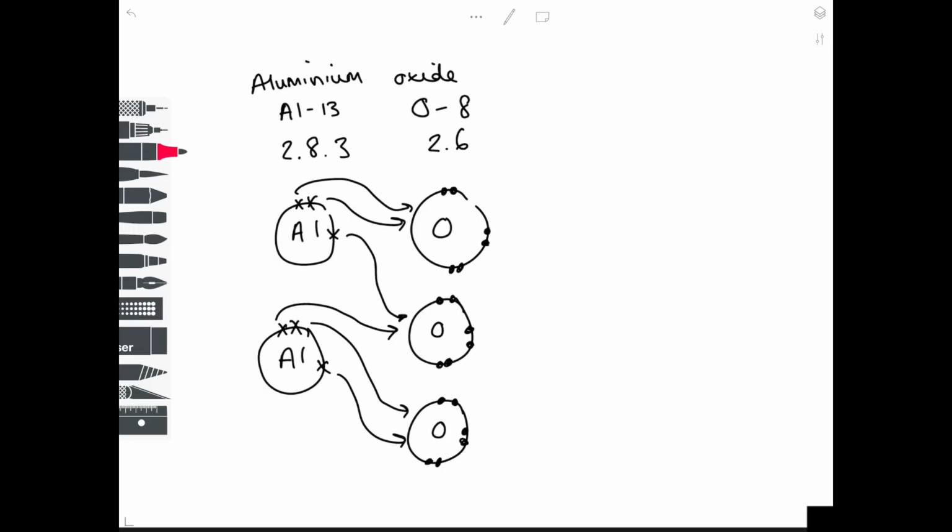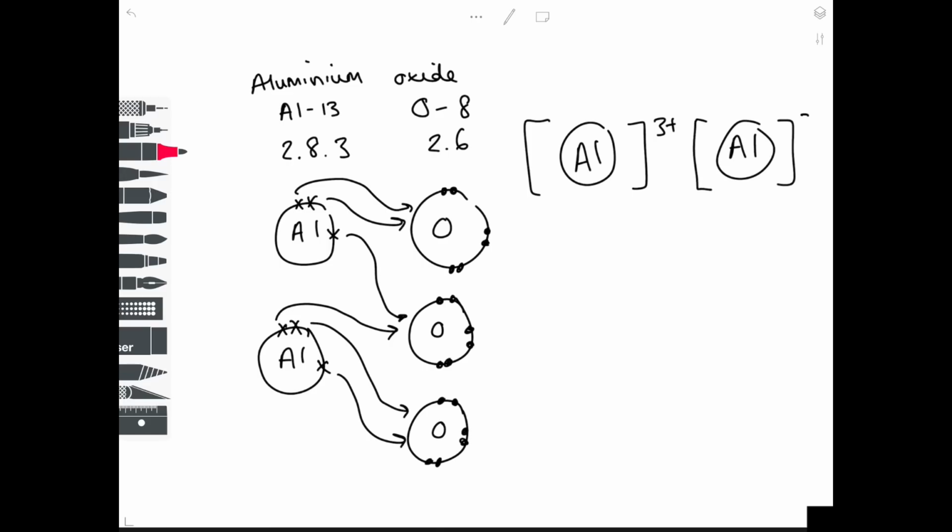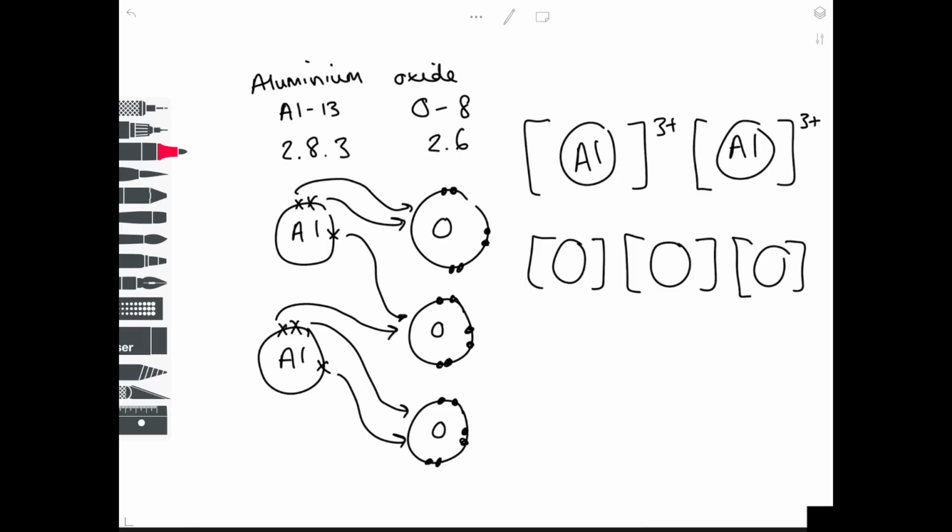And now let's actually work out what our answer will look like. I hope I've got space for this. Probably won't have. So aluminium has lost 3 electrons, so that's why it's 3 plus. We need 2 of them, which is why I'm drawing them twice. And then oxygen will therefore look like this. There's 3 of them. Let's label them as oxygen.